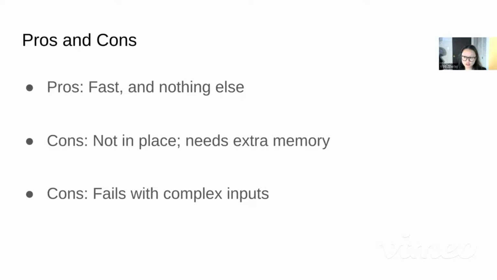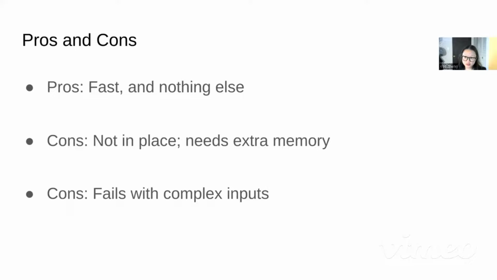So let me briefly discuss the pros and cons of counting sort. The pro is, of course, that it's fast, with time complexity O(n); it cannot be beaten by any comparison sort.